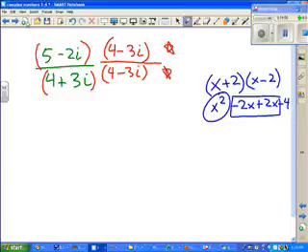Well, let's FOIL the top. 5 times 4 is 20. 5 times -3i is -15i. 4 times -2i is -8i. And then I've got a positive 6i squared.